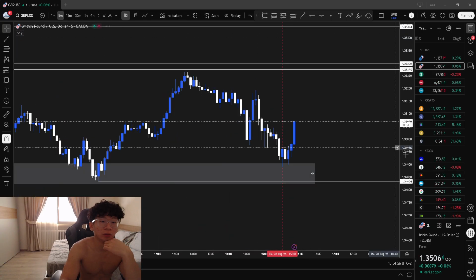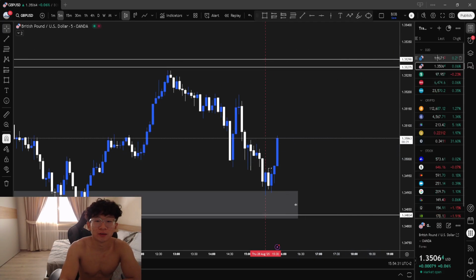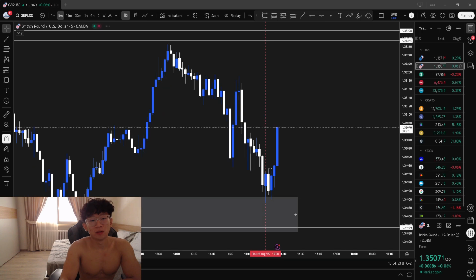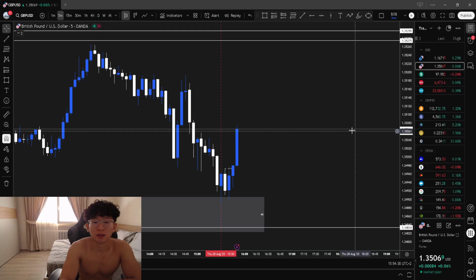Hopefully we get a retracement and price doesn't just fly without us. But it could happen, and in that case we should just accept it.